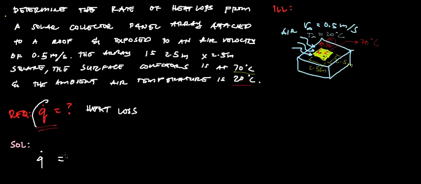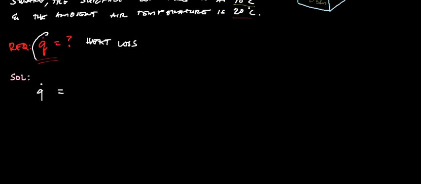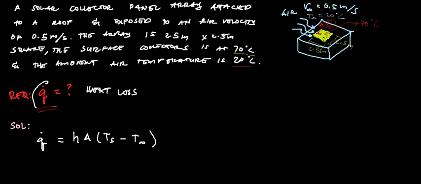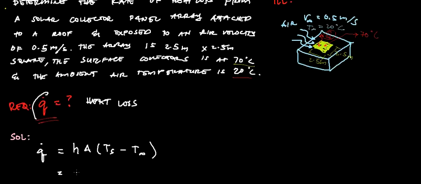So Q dot is equal to, what is our formula once again? Go back to our basic formula: Q is equal to H times A times the temperature of the surface minus the temperature of the fluid. We don't know H, the convection or heat transfer coefficient.